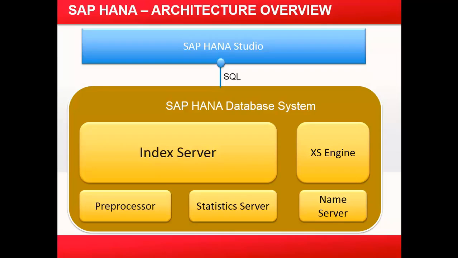The index server uses the pre-processing server. Internally it uses this server for analyzing text data and extracting the information on which the text search capabilities are based. The name server that we have over here has the information about the topology of a HANA database system.